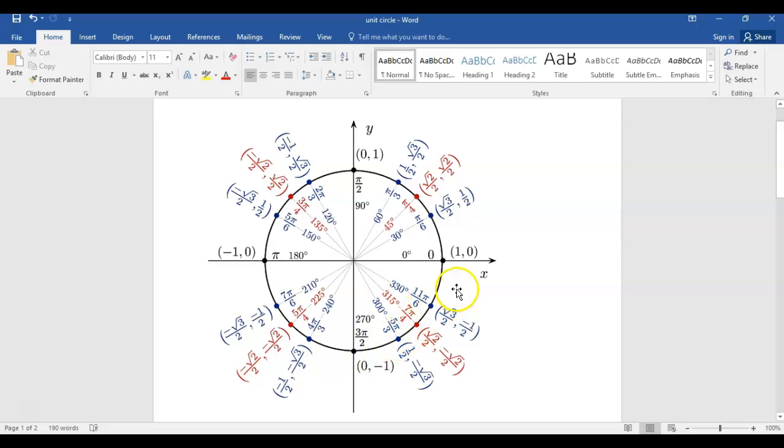So in our calculator, it's not going to say 11 pi over 6, even as a decimal. It's going to say, well, let's take 0 minus pi over 6. That's our reference angle, pi over 6. And that's the value that it's going to give us. So when we see that in a calculator, get rid of that. I'm in radians.